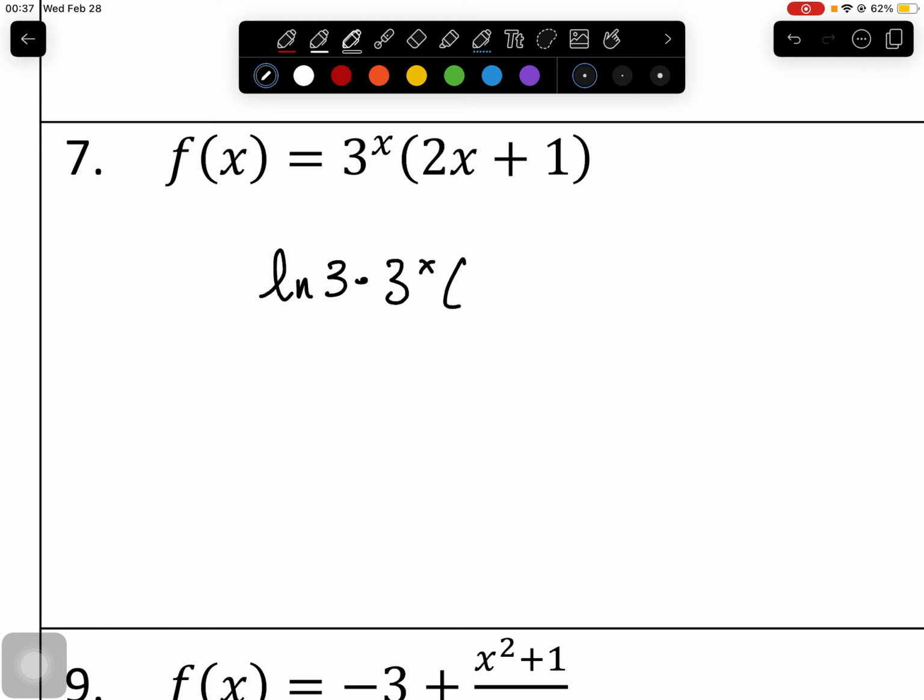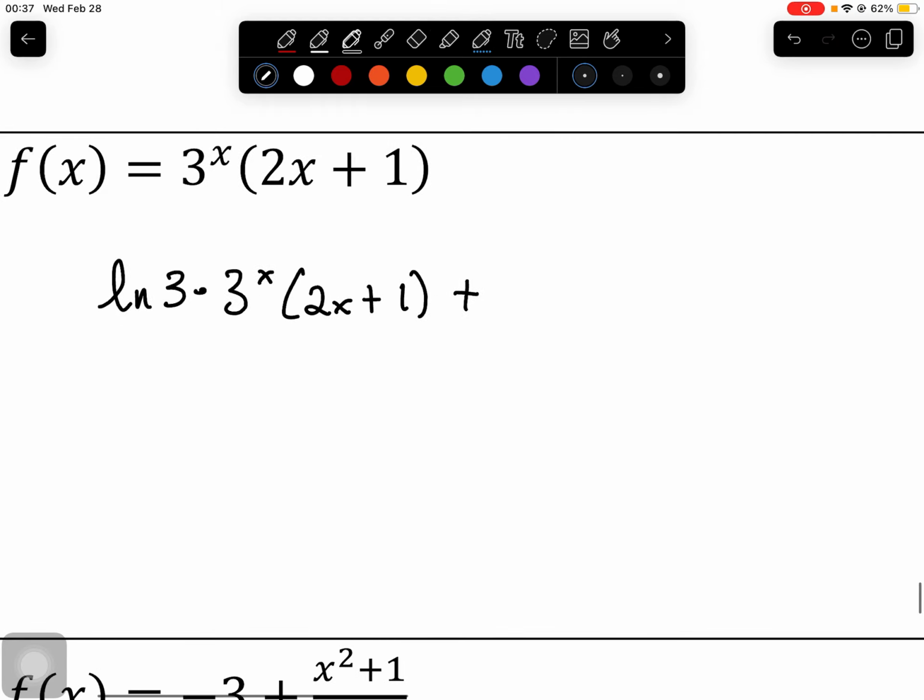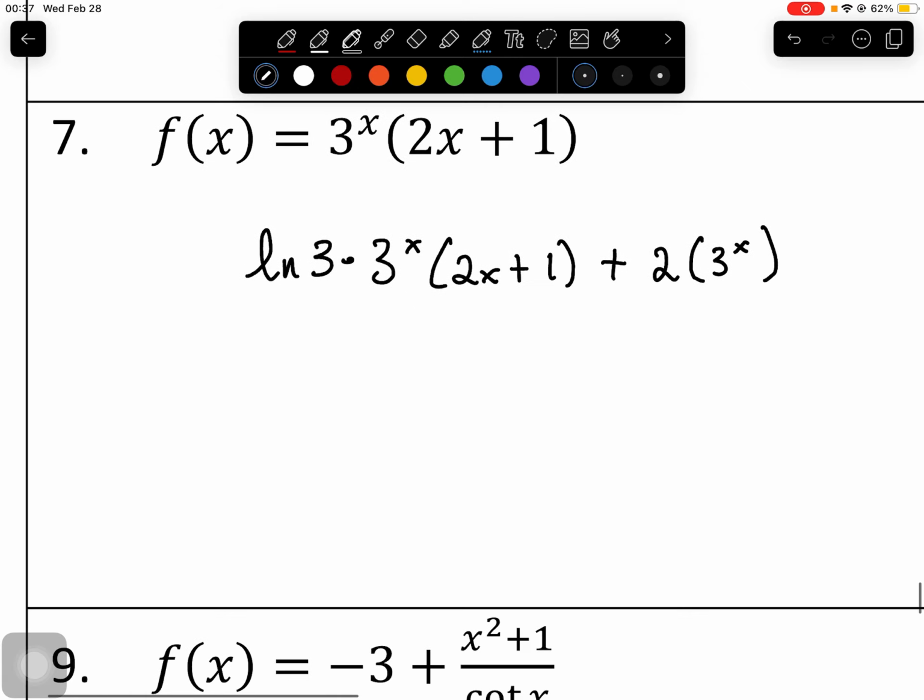Now we're going to go into, just write this down, 2x plus 1, and then it's going to be plus the derivative of this second portion, the 2x plus 1, which is just going to be 2, times 3 to the x. And now, just combining it all. Let's see.